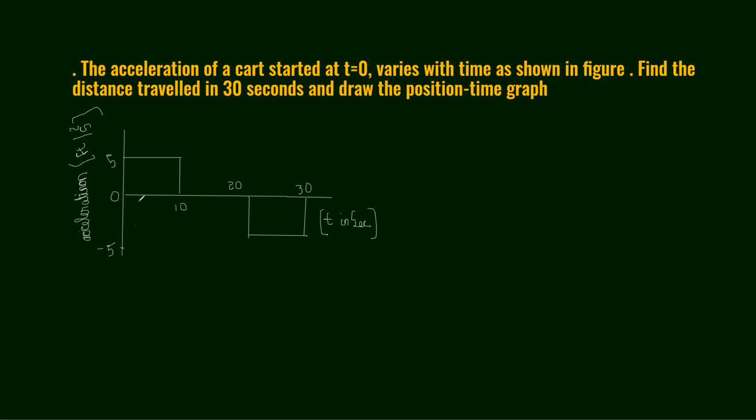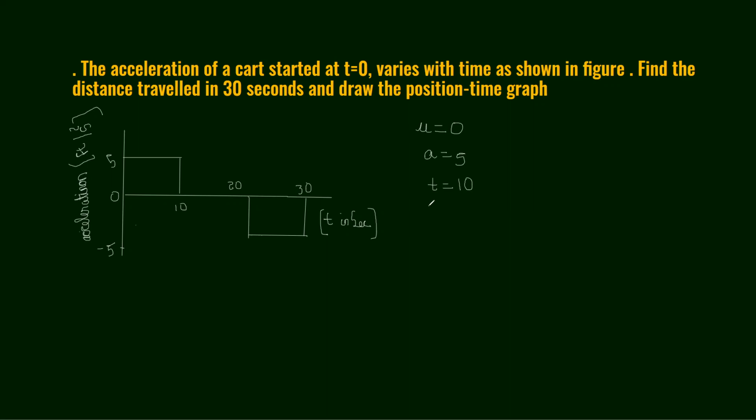So first we consider the first 10 seconds. In the first 10 seconds, we know that the cart starts from rest. That is, the initial velocity is 0. What's the acceleration in the first 10 seconds? Acceleration is 5. So what's the time? Time is 10.